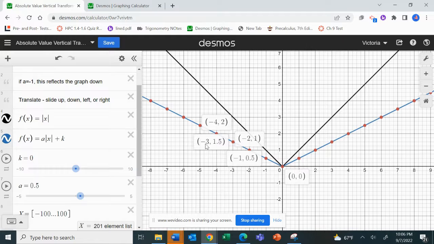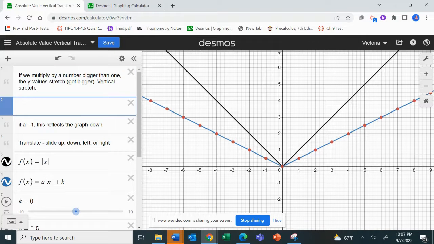If I put in 3, I now have 1/2. So it's taking half of the Y values. And because it's going half as large, you're going to see that this graph doesn't rise up as fast. It's like a lazy graph. It doesn't go up as quick. It looks wider. This graph is the result of a vertical shrink.